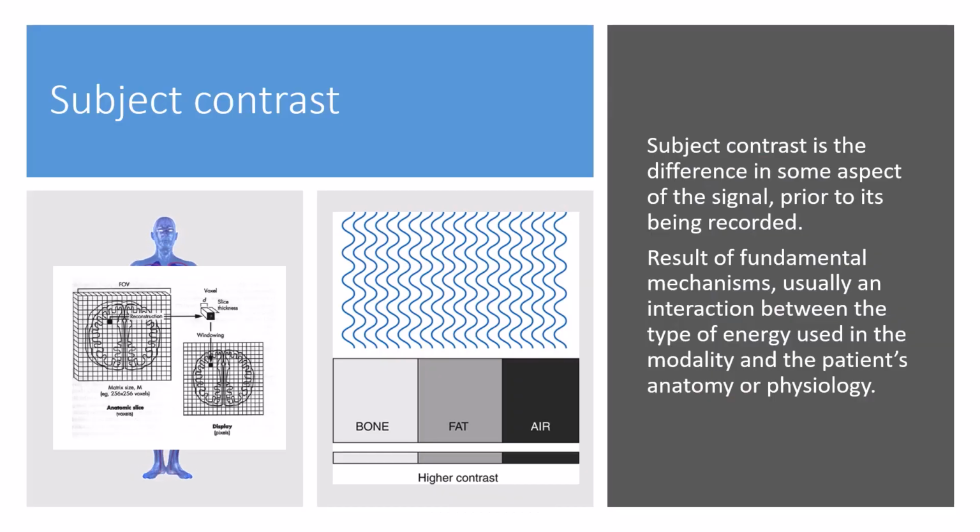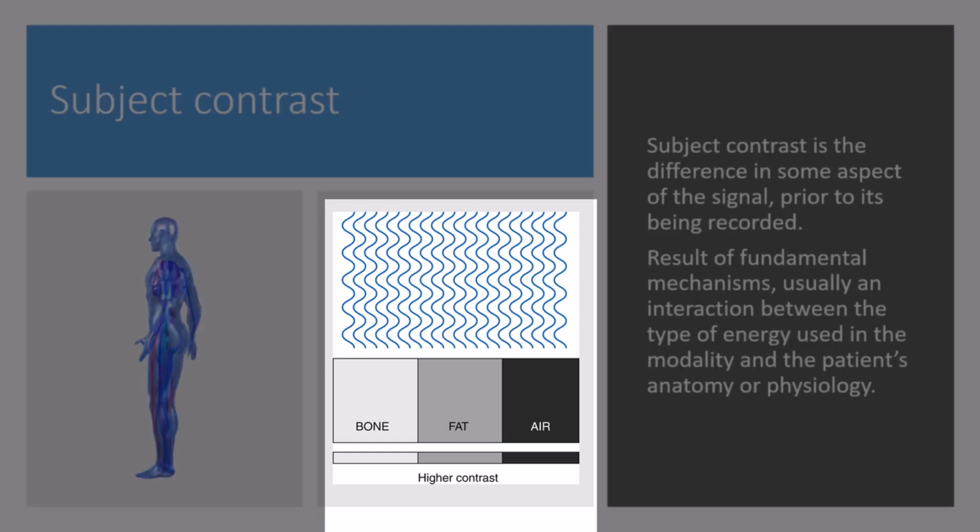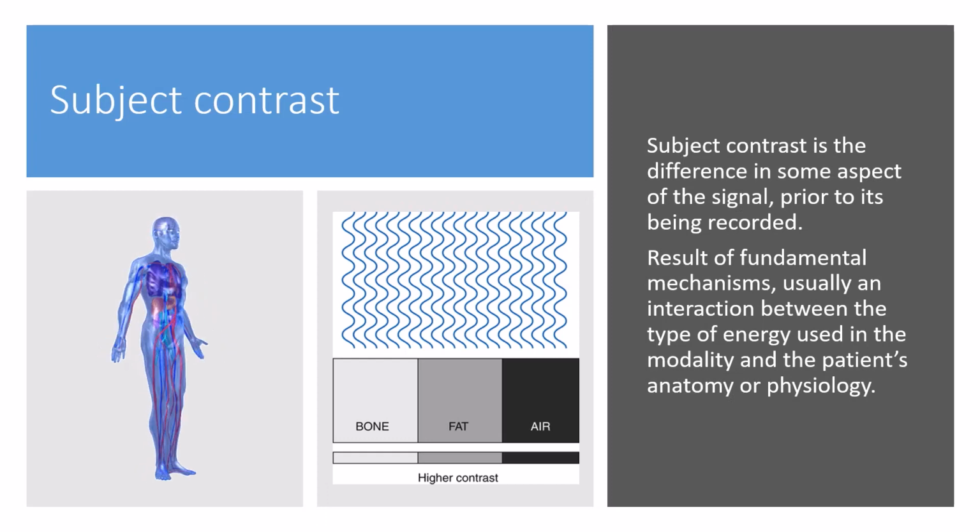The resulting image is due to subject contrast. Subject contrast is the difference in some aspect of the signal prior to its being recorded. It represents the patient's anatomy and/or physiology.